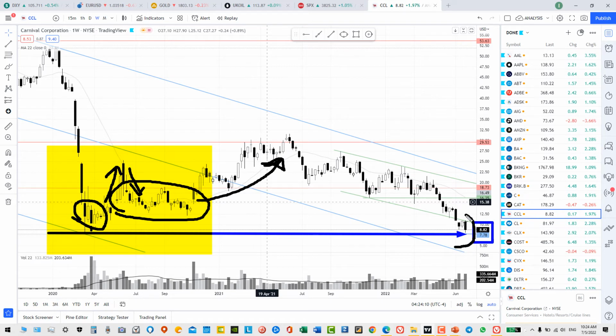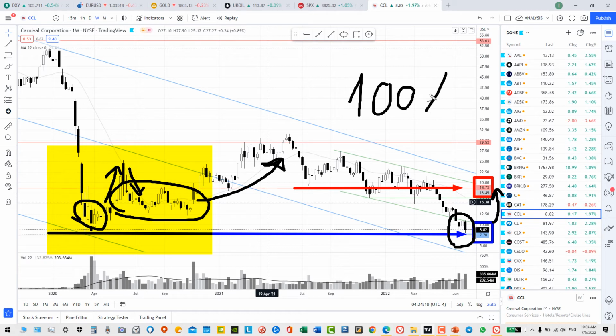We are just beginning to test the important support over the weekly around the $8 zone. So it's too soon to speak about a correction targeting the nearest resistance over the monthly chart, which is ranging from 16 up to 20, which means that this is a potential correction of 100%, but it's too soon to speak about such a correction because the support is just being tested.